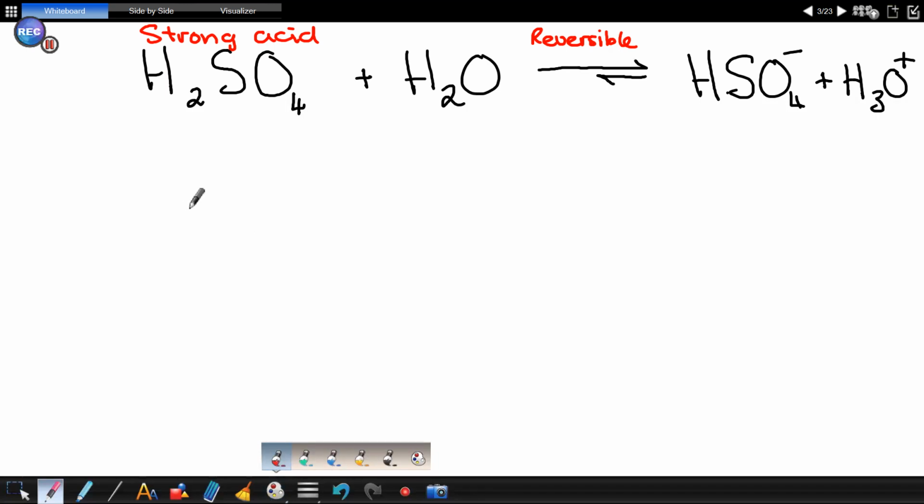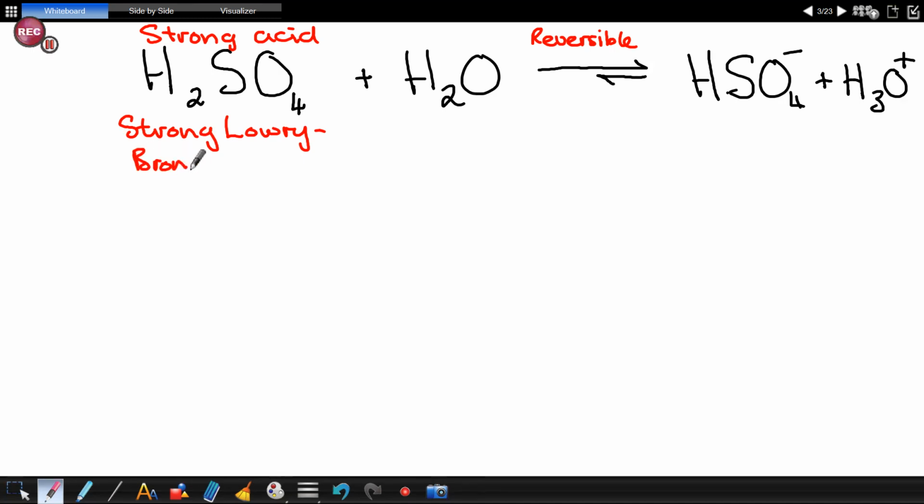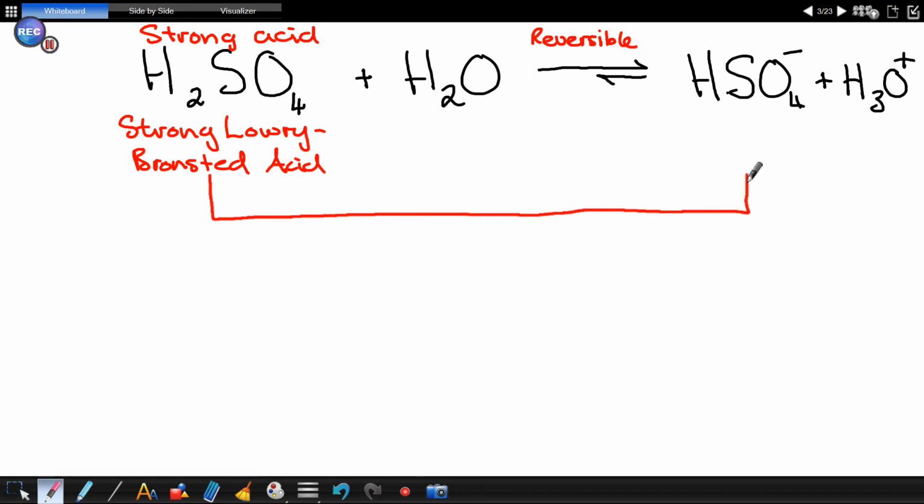This is a strong Lowry-Bronsted acid. This acid is literally married to that thing that is a Lowry-Bronsted base.